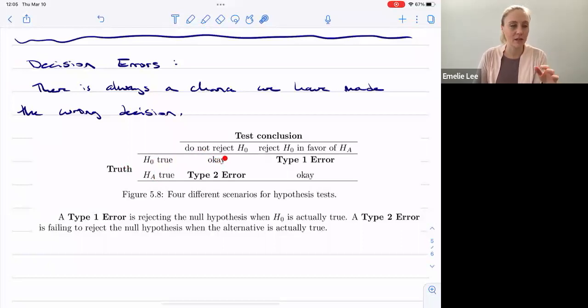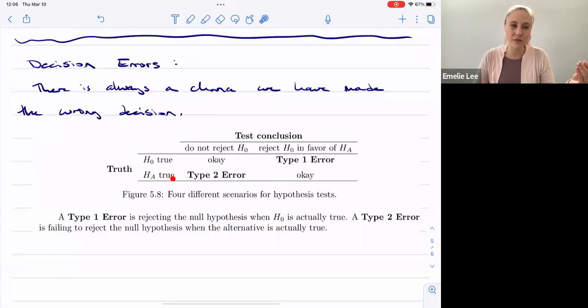Then I'm sticking with H naught. There's not enough evidence to reject H naught. That's good. Whereas if the null hypothesis is true and I reject H naught, that's what we call a type 1 error. So it's rejecting the null hypothesis when it shouldn't be.